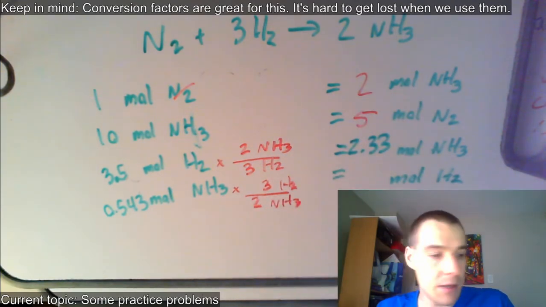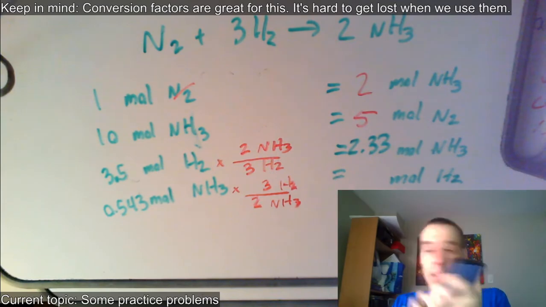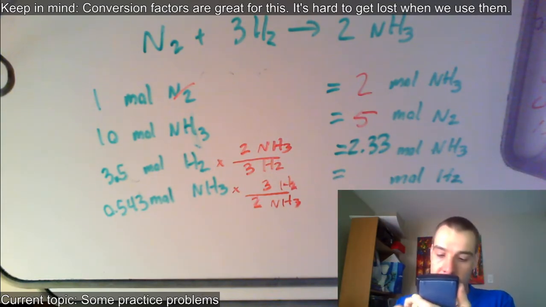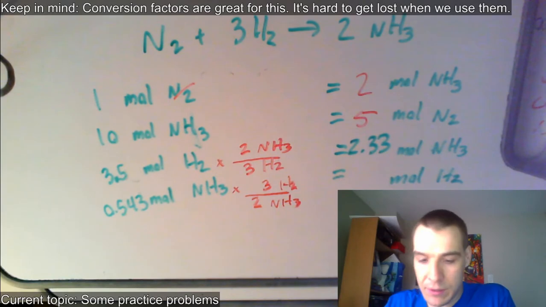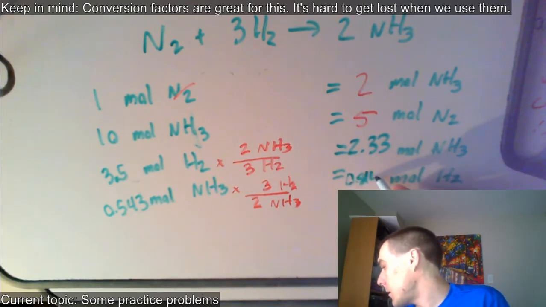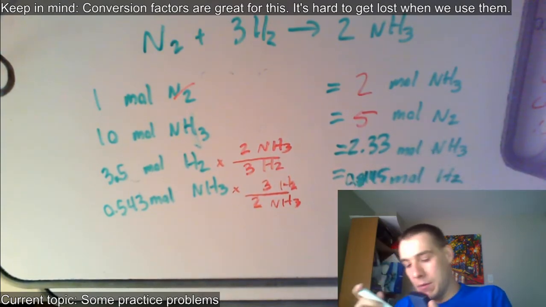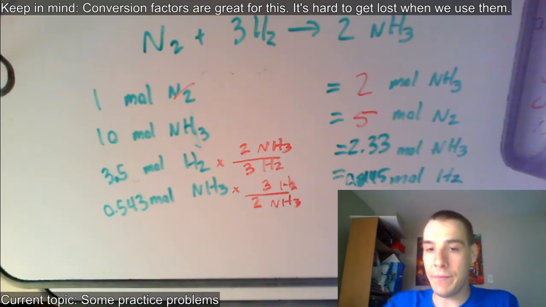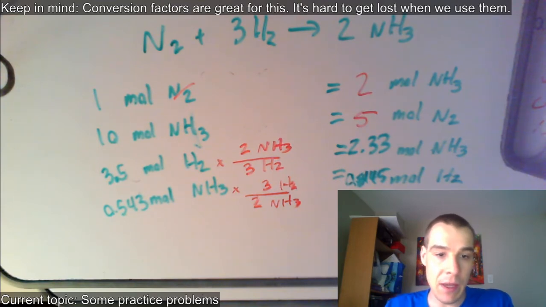And we get out the calculator. Do ourselves a little mole ratio. 0.543 times 3 divided by 2. I get 0.8145 moles of H2. And that's how you do a mole ratio problem.